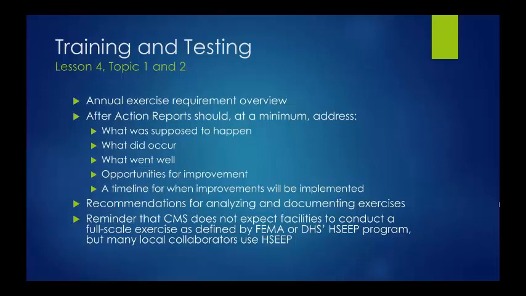When you document your exercise, what was supposed to happen needs to be denoted, what did happen, what went well, what are the areas of opportunity for improvement, and a timeline for when those improvements will be implemented. Not only a timeline, but who is the responsible party for ensuring that those improvements have been made and integrated into your process, which will then get you back to reviewing and revising your emergency operations plan, et cetera, et cetera.